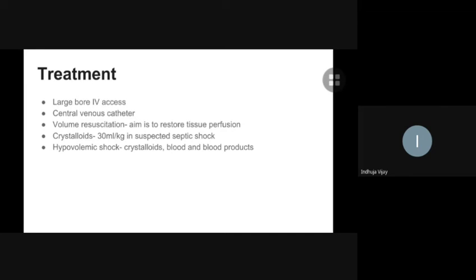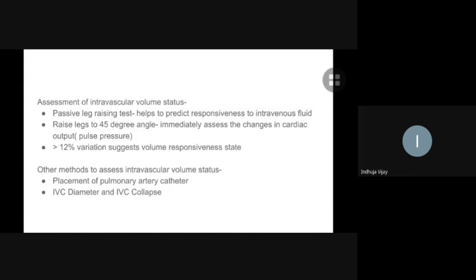Next, coming to the specific treatment. After we give IV fluids, we have to assess the intravascular volume. For this, you can use a passive leg raise test, check the IVC diameter, and use a pulmonary artery catheter. The passive leg raise test predicts responsiveness to the IV fluids.